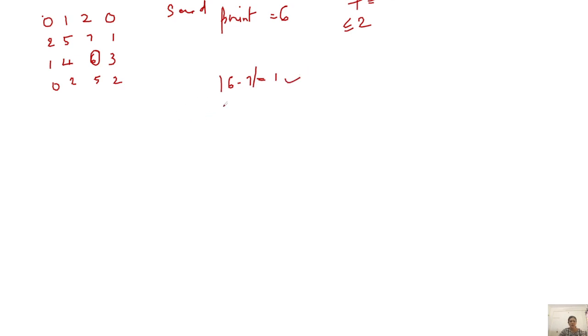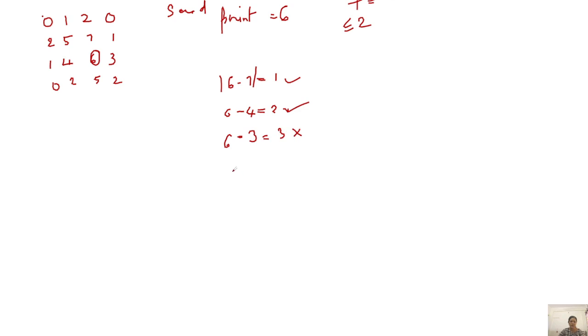Next, 6 minus 4 is 2, which is also less than or equal to 2, so it also satisfies the condition. Next I take 6 minus 3, which gives 3. This does not satisfy the condition.